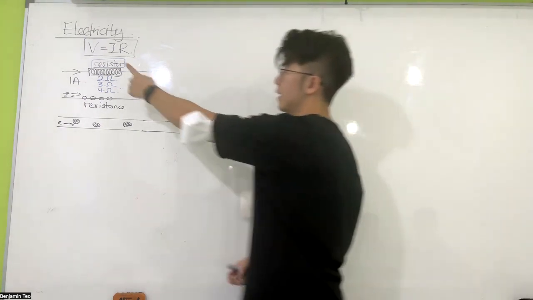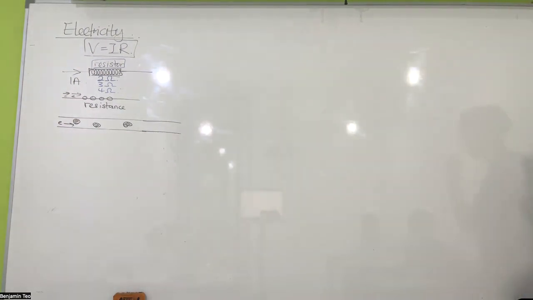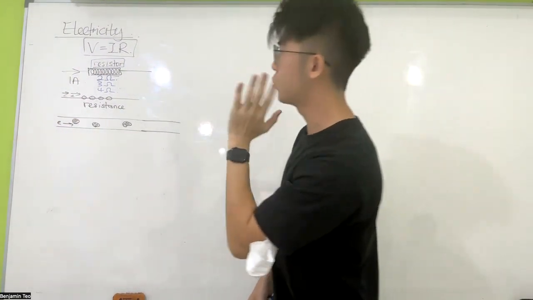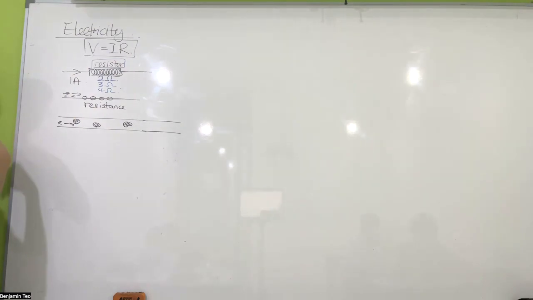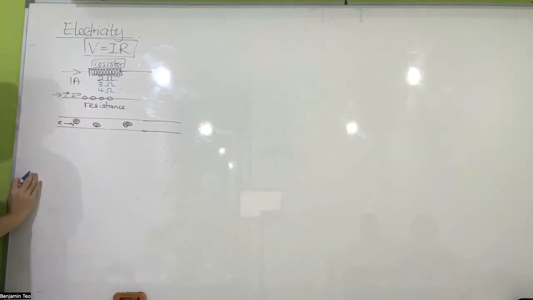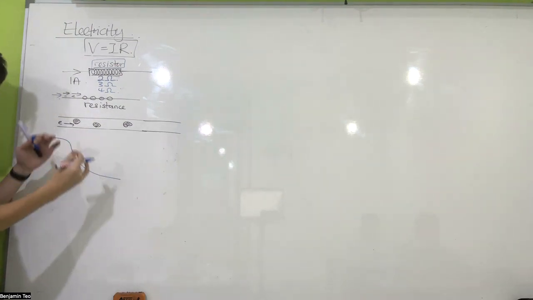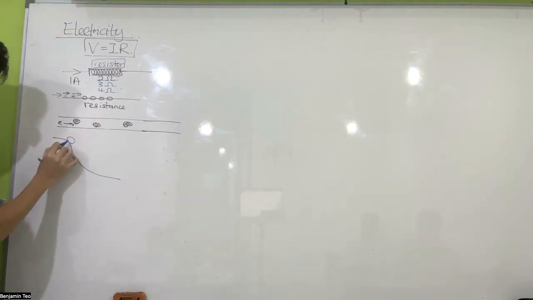Now, V is what? Voltage. Voltage is something that pushes the electron flowing. The electron doesn't just flow by itself. Something needs to push it. That is where the voltage comes from. Last time I said think of it like high ground and low ground. When you have a ground difference, that's when the ball falls.